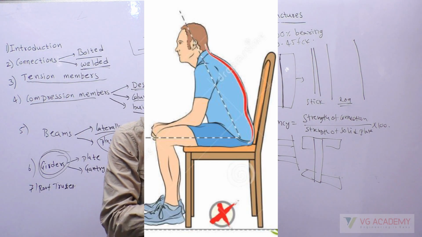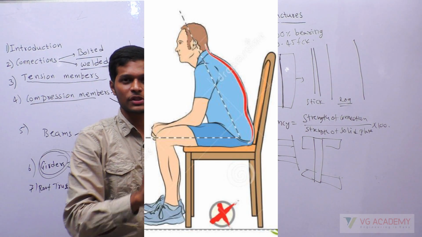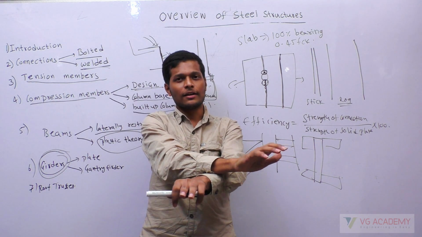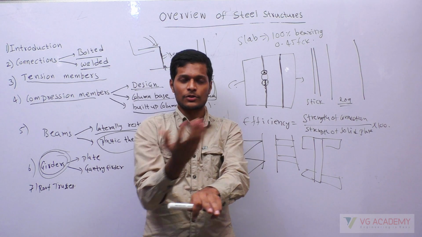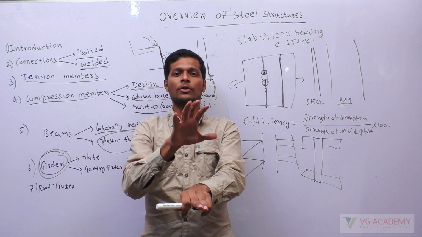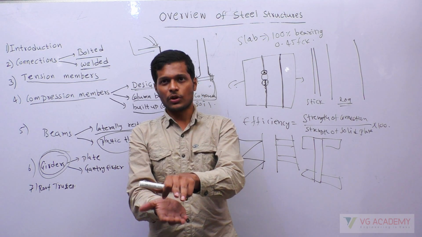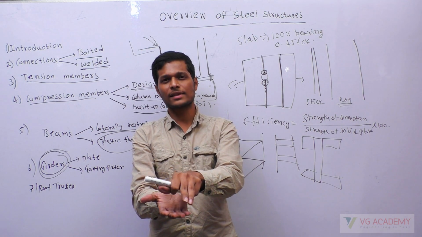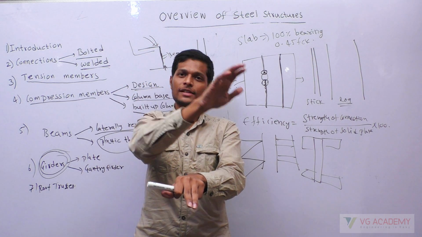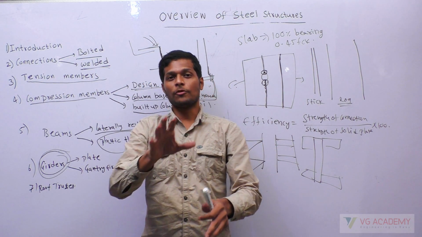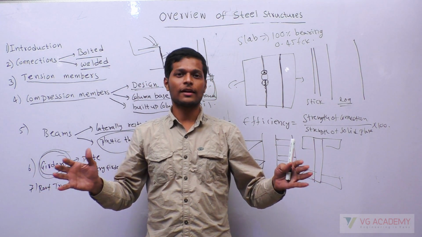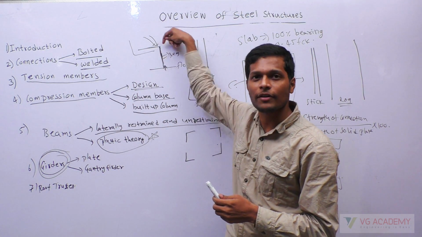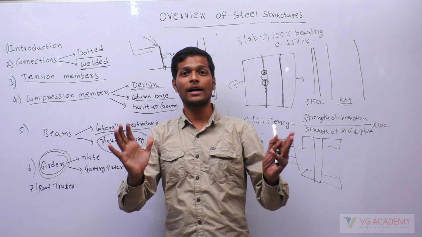They will lean and press their legs with hand to sit properly, or they will place one leg over the other to get enough compression, so that you will get some reaction from the floor to be stable. If there is no reaction from the floor, this will be similar to hanging and you cannot place the legs stable. So that is the reason they will place one leg over the other. If you see the people who are hefty, then definitely they can sit like this because they will get enough reactions to sit comfortable and stable.